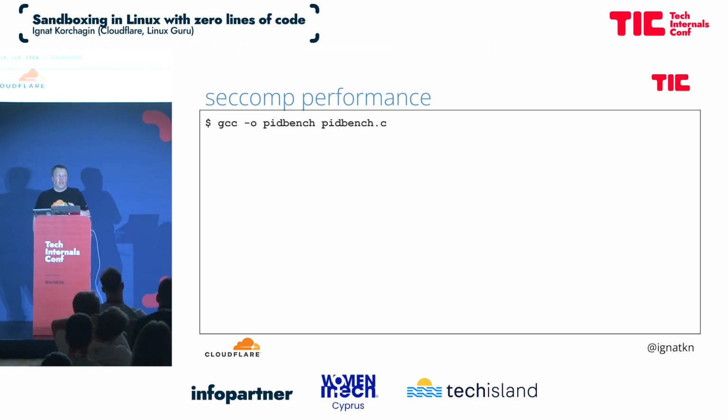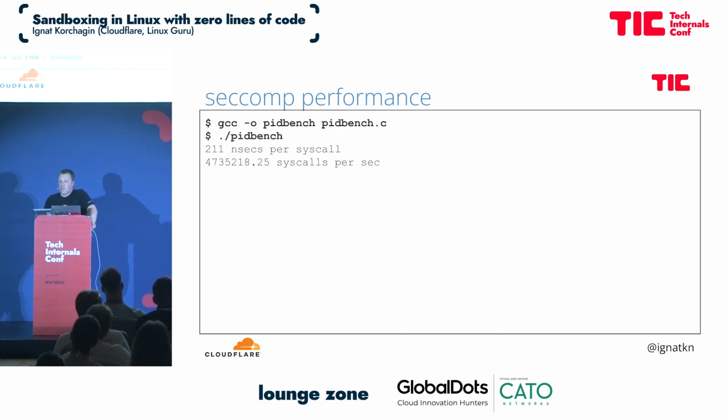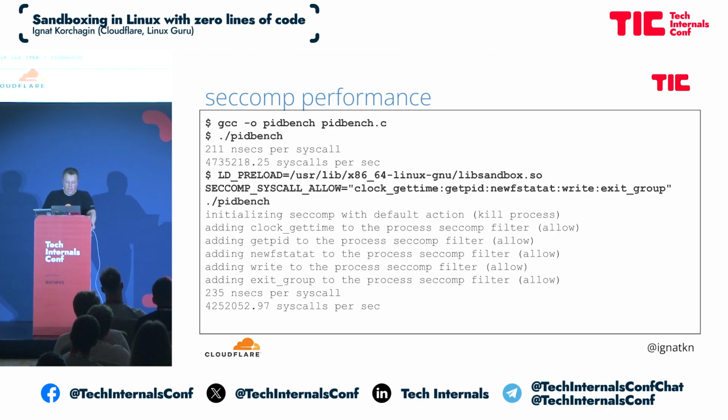So it's very useful to benchmark system call performance, like worst case, right? Because the system call itself almost does not introduce any latency. What this does is it calls the getpid system call many times, and we just take a clock measurement before and after it happened, and do some math to see the result, right?